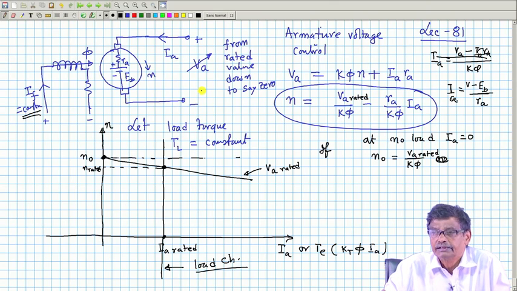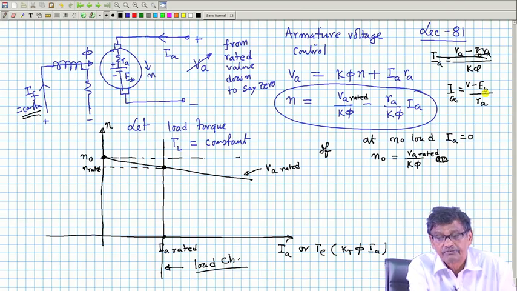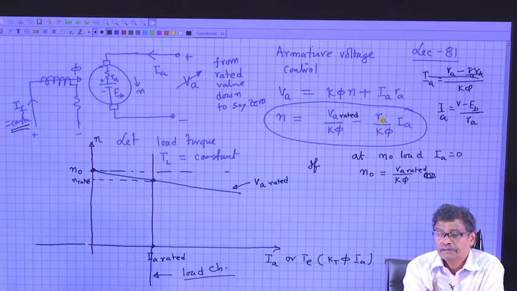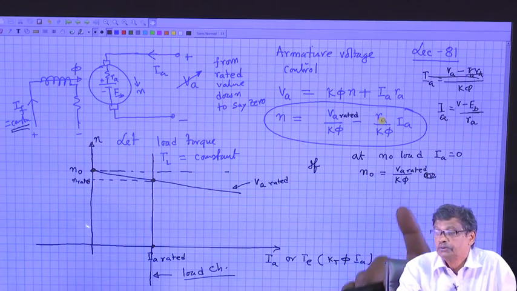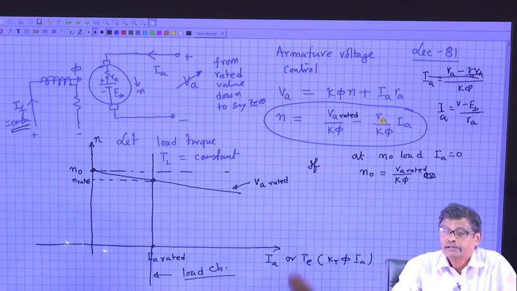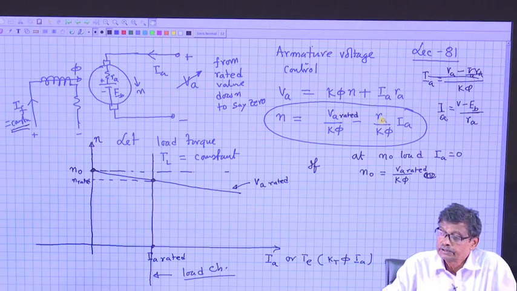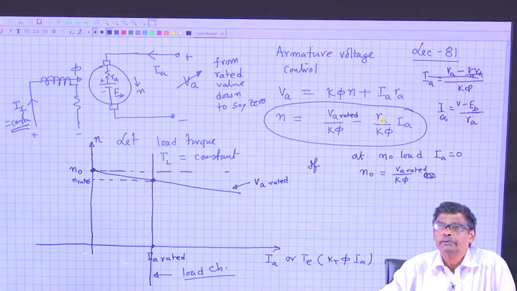Armature current will decrease, because E B cannot change instantaneously: phi is held fixed, and speed cannot change instantaneously. Therefore, back EMF at T equal to 0 plus remains what it was at T equal to 0 minus, and therefore armature current will decrease. If armature current decreases, the electromagnetic torque developed by the machine will decrease.